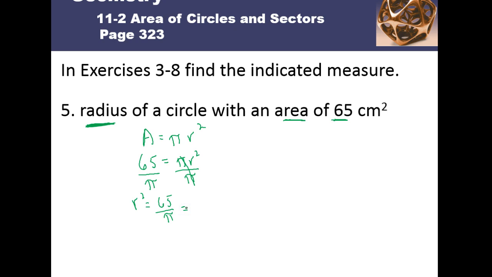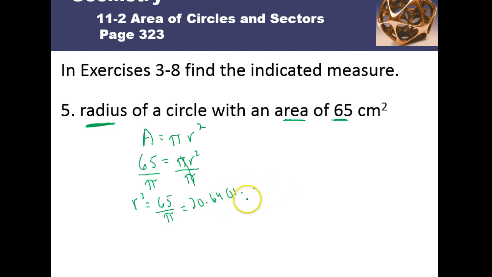So on my calculator, I'm going to do 65 divided by pi, and I'm going to use the pi button. And I'm going to get 20.6901, blah, blah, blah, right?